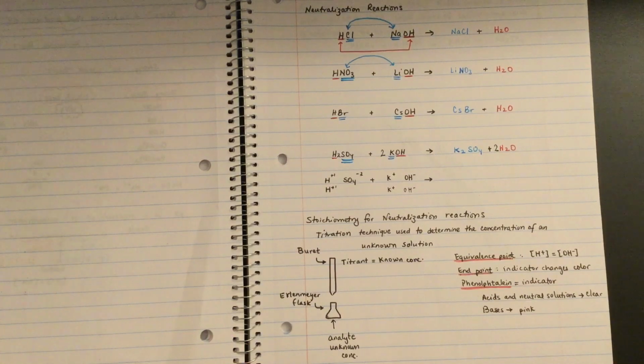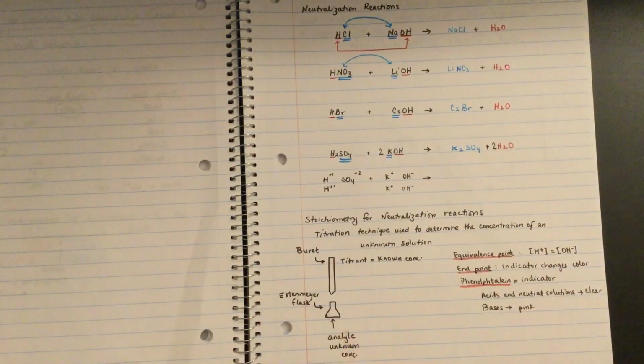So the setup for a titration is very standard. We have a burette, and in our burette we're going to have the solution with a known concentration, and that solution is known as the titrant. And then we have an Erlenmeyer flask right here where we're going to have the unknown. Okay? So a specific volume of a solution whose concentration we don't know.